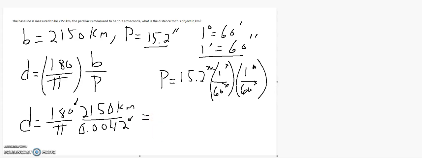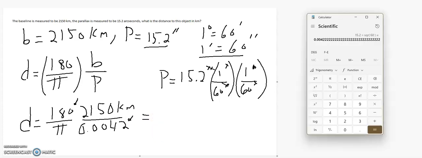All right, so here, let's do the problem now, and we're almost done. I already know what that number is, so that'll be in my calculator. So I'm going to say it's going to be 180 times 2150, and then now what I'm going to do is divide.